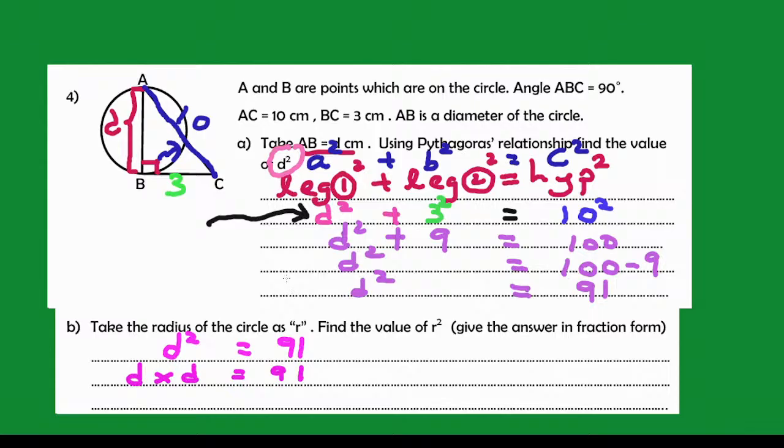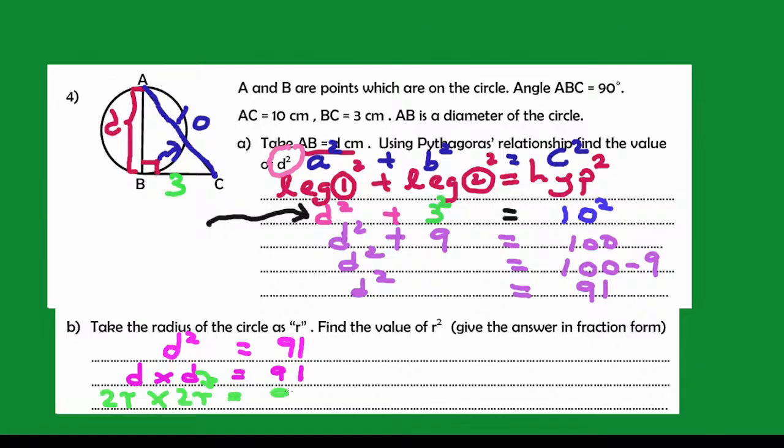Now students, what is diameter? Diameter is twice the radius. Two radii make the diameter. So d can be replaced with twice the radius, that is 2r. And again, the other diameter can be replaced with 2r.